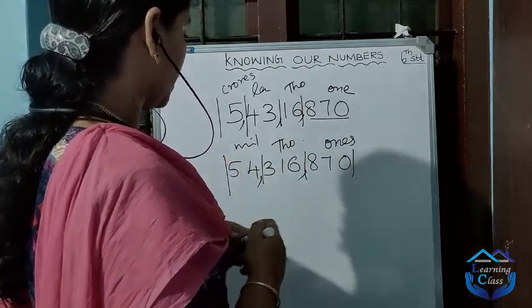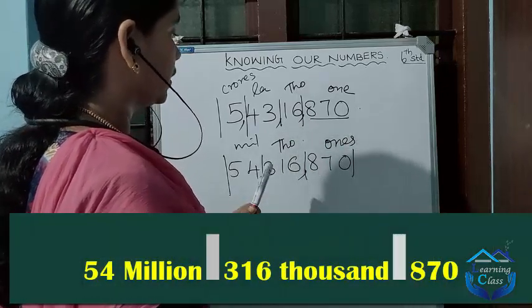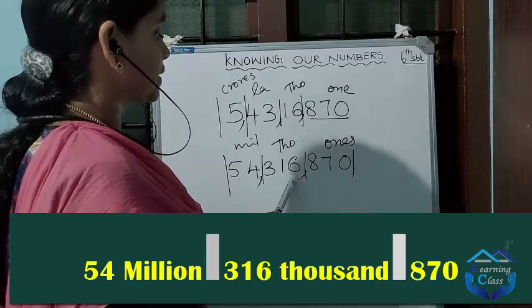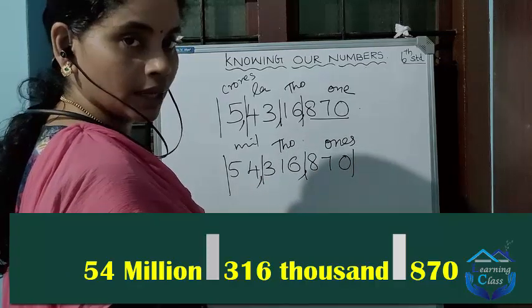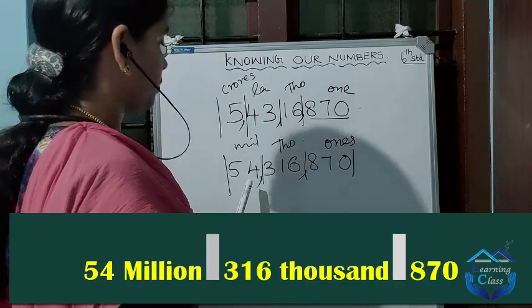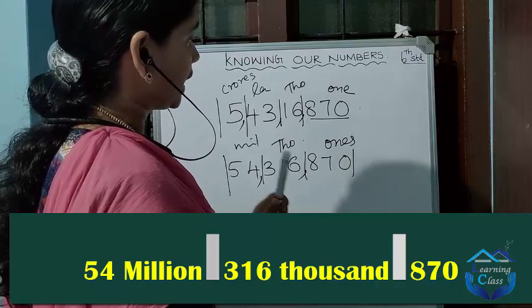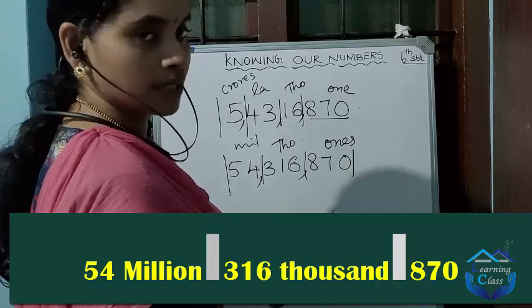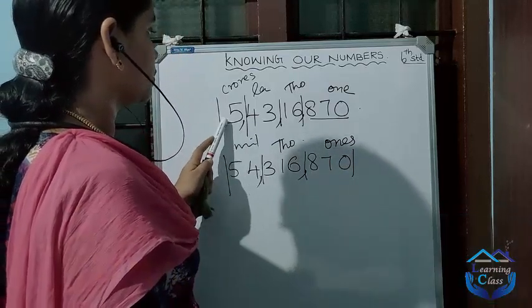So how can we read? 54,316,870. Clear? This is the difference. Here we can read 5 crores.